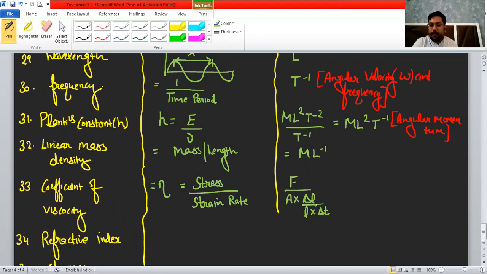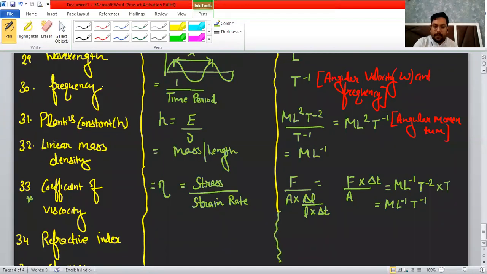So this is F divided by A multiplied by delta T, basically, because delta L by L is dimensionless. So F by A is ML^-1 T^-2, multiplied by time, T. So we get ML^-1 T^-1. Coefficient of viscosity is also important, and will be used in some questions. So ML^-1 T^-1.